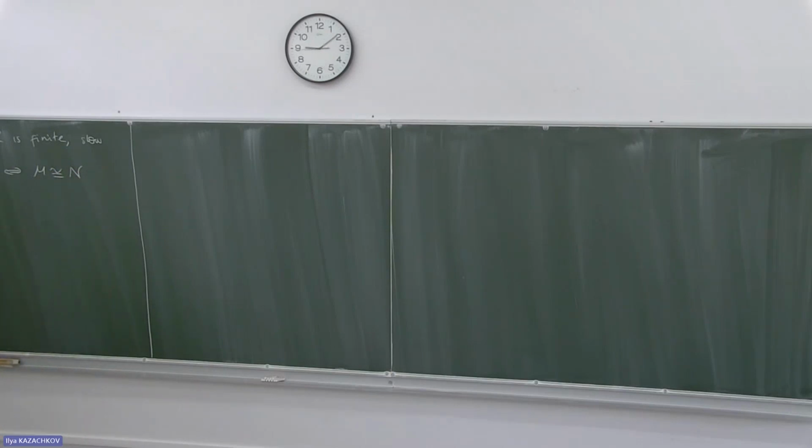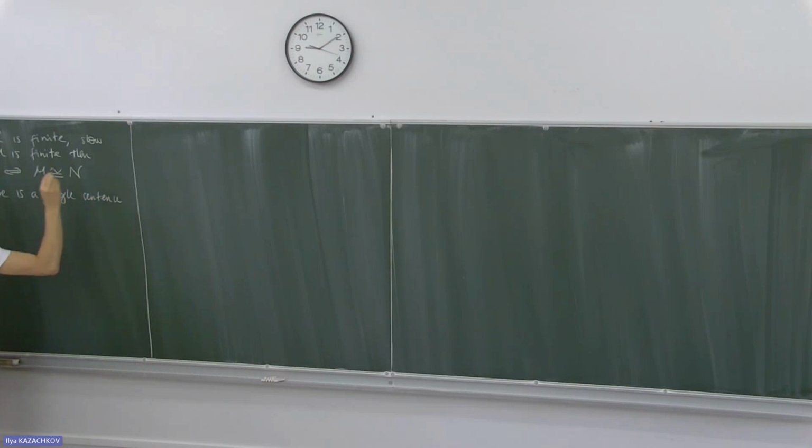Actually, there is a single sentence such that if it holds, show that if M is finite, then this is true. There is actually a single sentence such that if N satisfies this sentence, then these have to be isomorphic. So for me, it was like three equivalents.